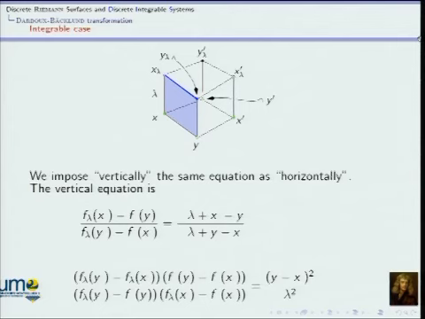Above each vertex, I'm going to put a vertical edge, and I'm going to put some rapidity on this vertical edge, which I call lambda. And I'm going to impose that on these vertical faces, the ratio of the diagonals, or the cross ratio, it's the same story, is the same as the one I put in by hand.